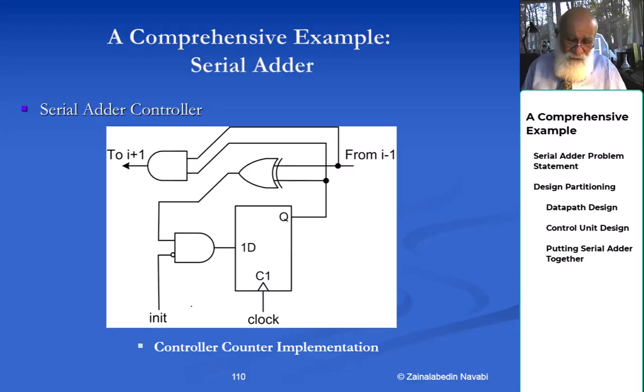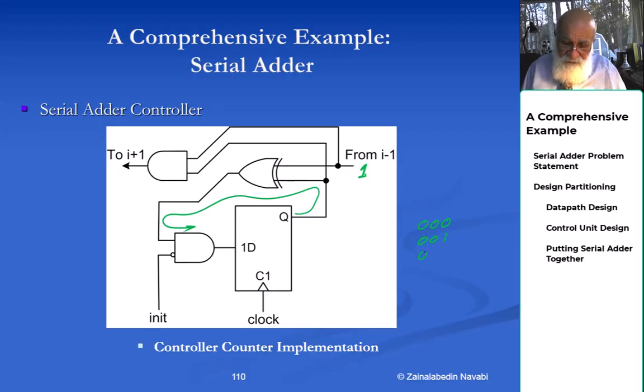The way it works is that if init is not active, that means I have this path active. If I have a 1 here, that's my carry in actually. If I have a 1 here, this bit is toggling. So 0, 0, 0, the next count is 0, 0, 1.